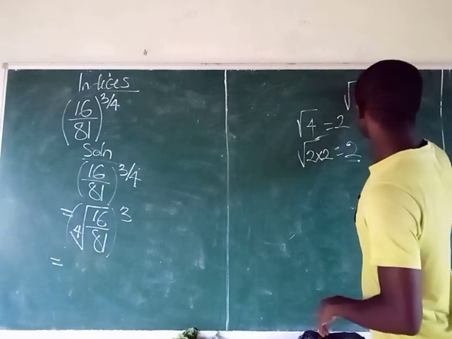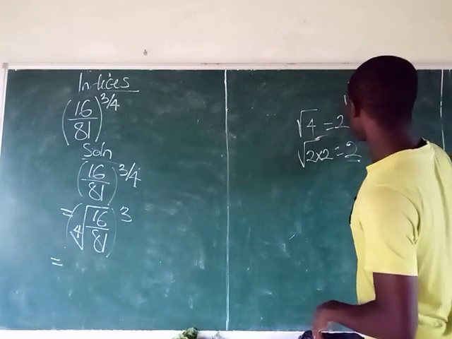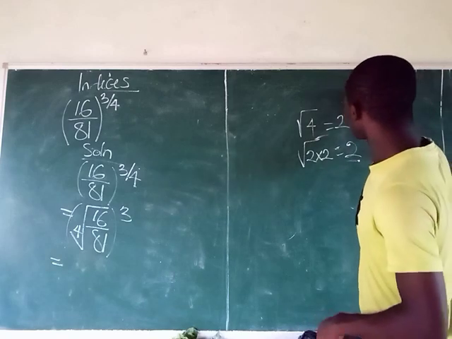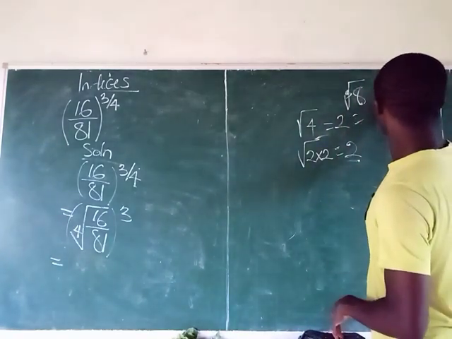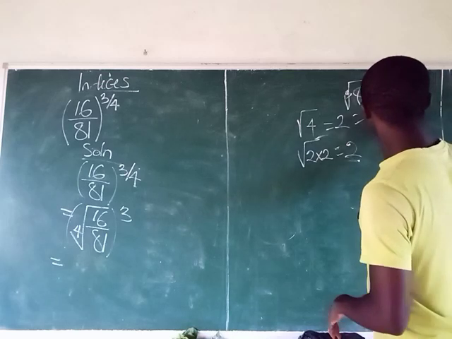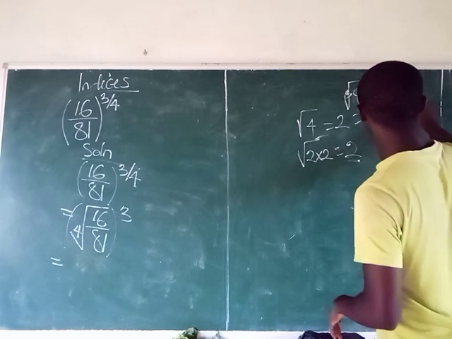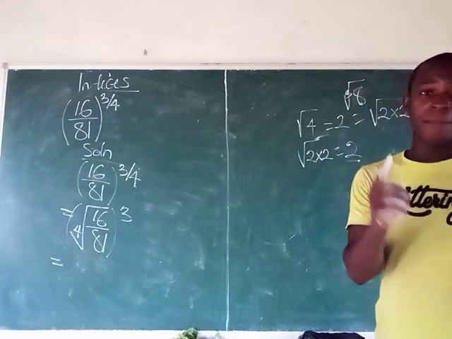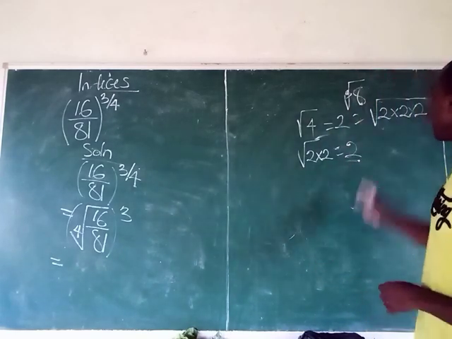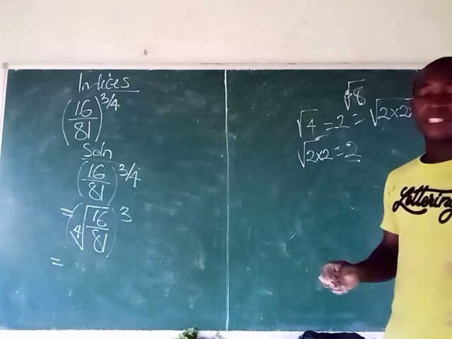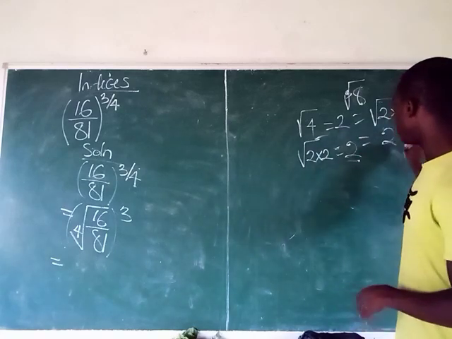Now, what about cube root? We have 8. So the cube root will be 2 times 2 times 2. That is a number that will multiply itself 3 times to give us 8, and that is 2. So the cube root of 8 is 2.